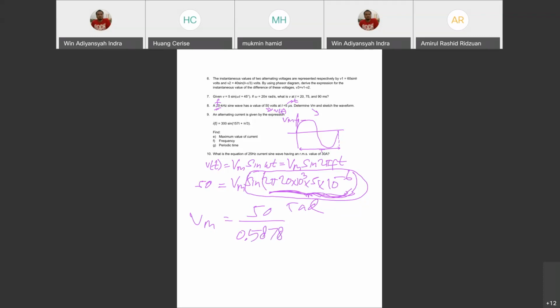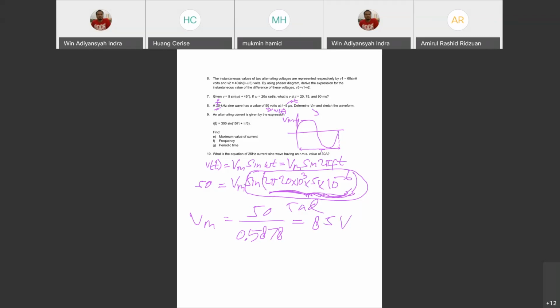Okay, divide this, 50 divided by 0.5878. What do you get? Somewhere around 80 something. 85, yeah, 85. So 85, rounded up.